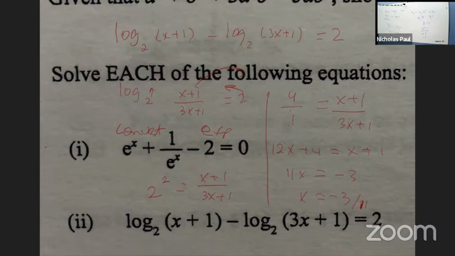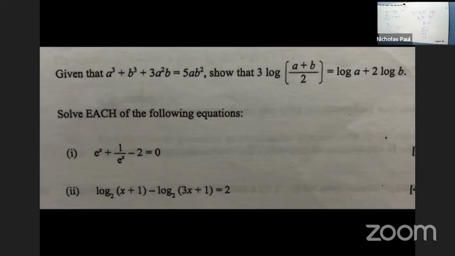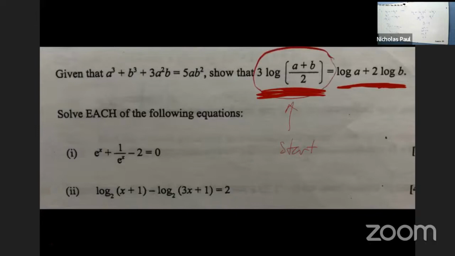All right, last part. Look at the first one. It's a little bit challenging. They want you to prove that this is equal to this. So you have to start here with the proof. You have to show that this is equal to this with the help of this.